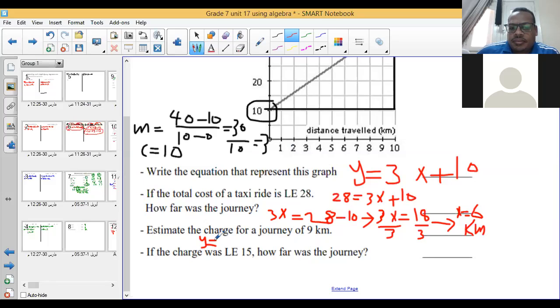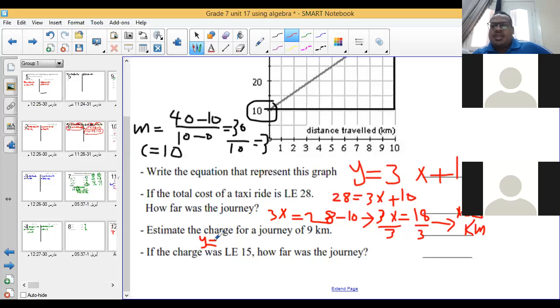We can draw a line and intersect with the line. Or another way, we can substitute x in the equation, Mr. Mahmoud, right? But he said estimate. So estimate, okay.